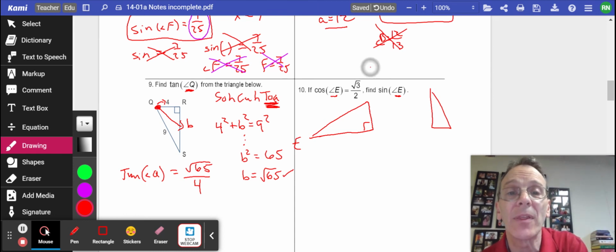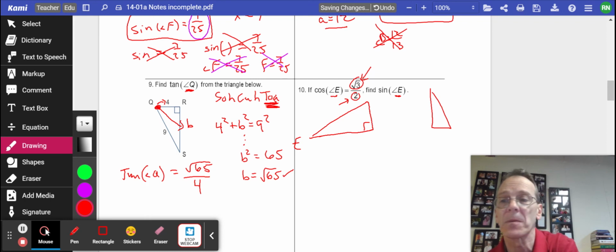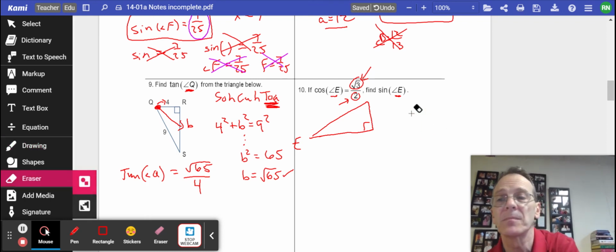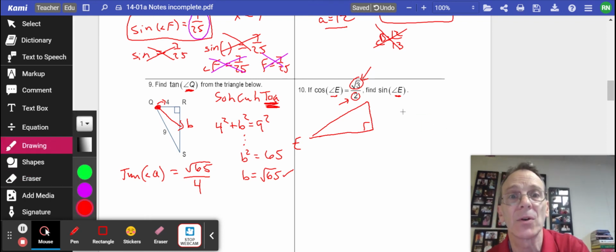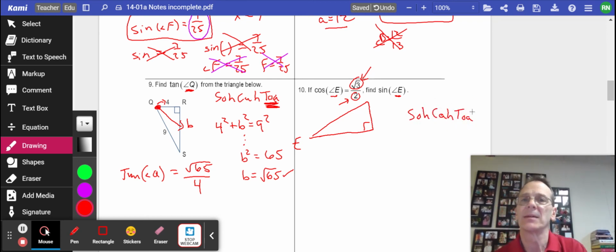Now you've got to put these lengths into your picture. Let's see, SOHCAHTOA. See how often I keep going back to this? If you have to look this up every time, it's going to get frustrating and time consuming.